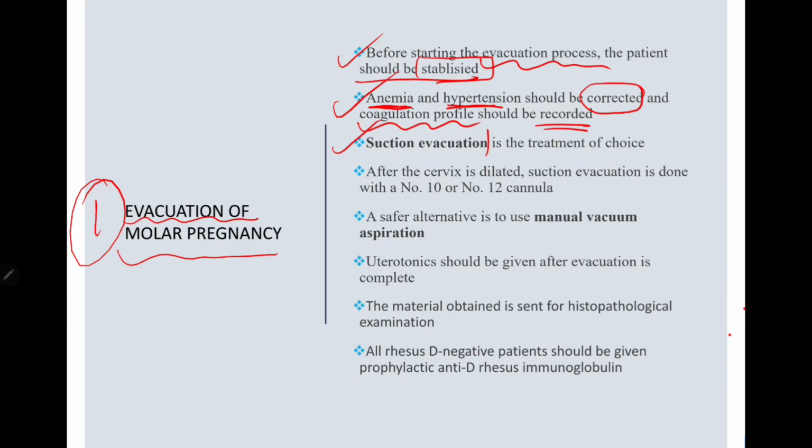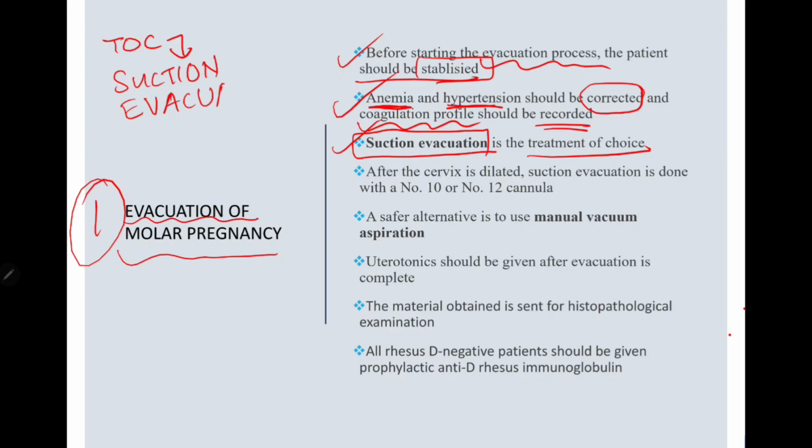Next, suction evacuation is the treatment of choice for molar pregnancy. After the cervix is dilated, the suction evacuation is done with a number 10 or number 12 cannula.